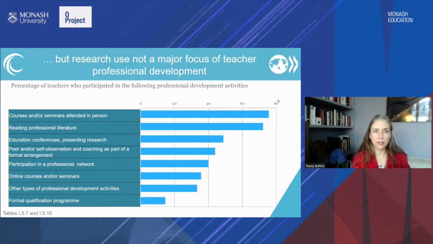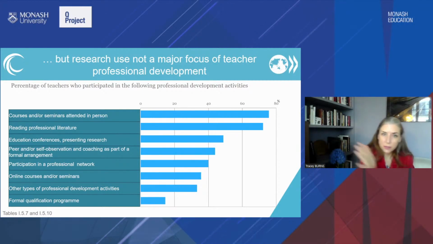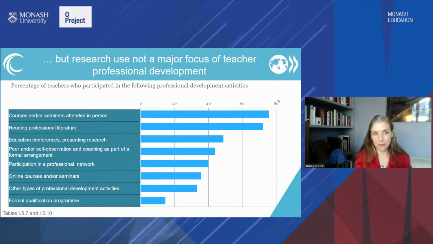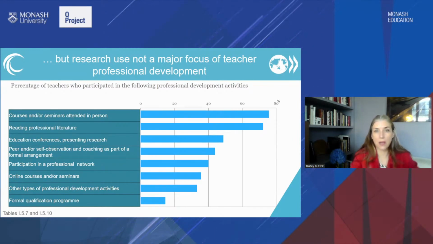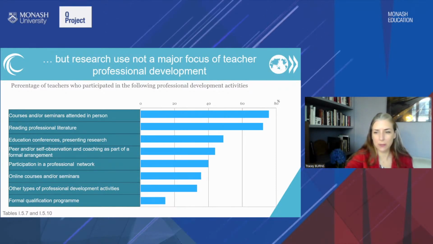If you ask specifically about education research, presenting research, you're at around 40 to 50% of teachers who say yes. And so one of the big questions is, how do you get beyond that 50%, that 60%, to ideally have it be as widespread as possible?